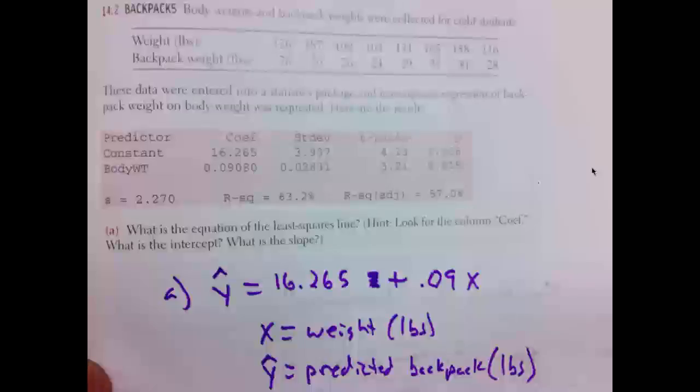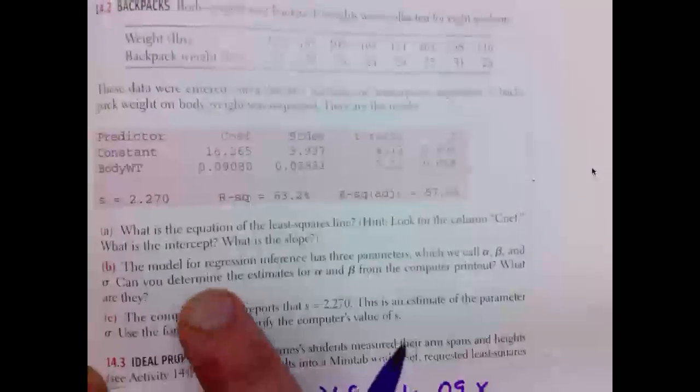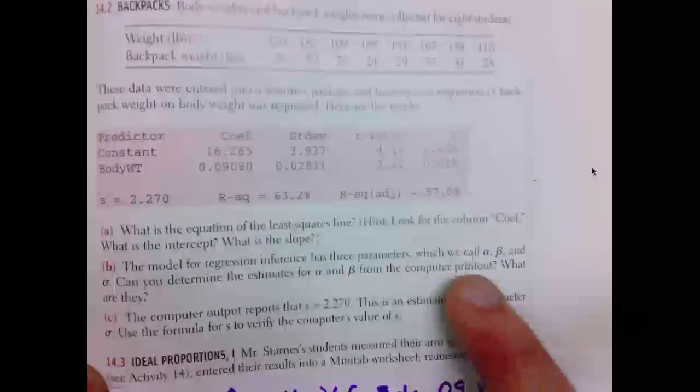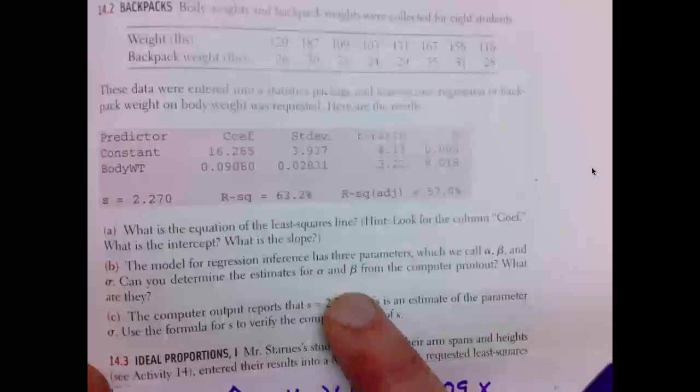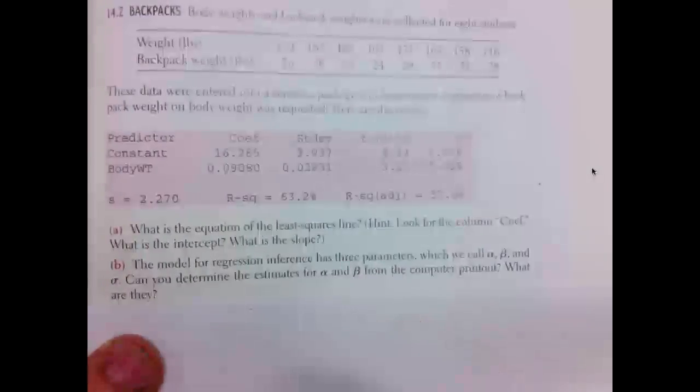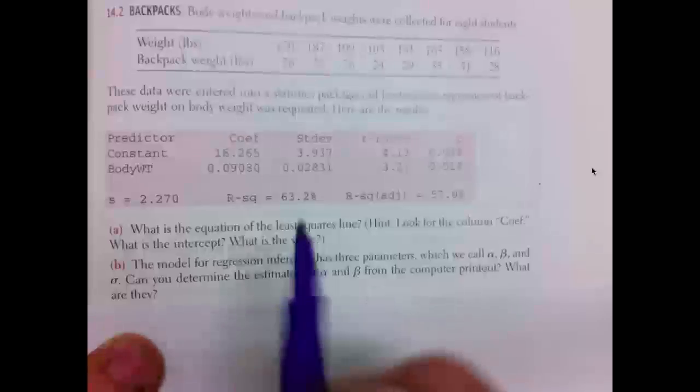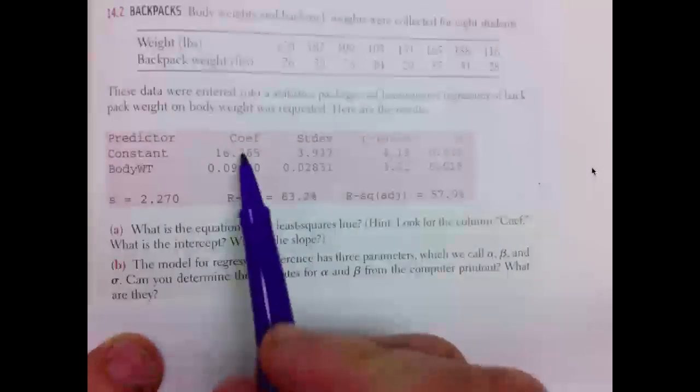Alright. B, the model for regression has 3 parameters, alpha, beta, and sigma. Can you determine the estimates for alpha and beta in the printout? Well, alpha and beta are the parameter versions of those statistics.